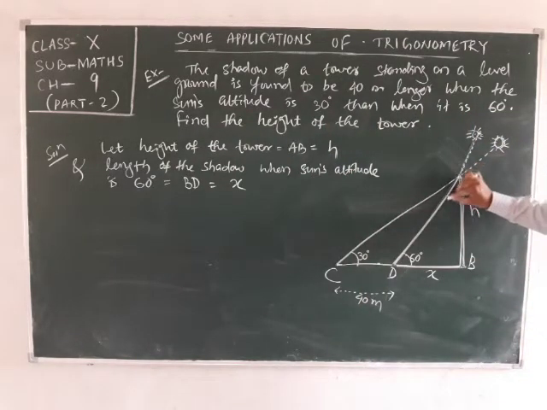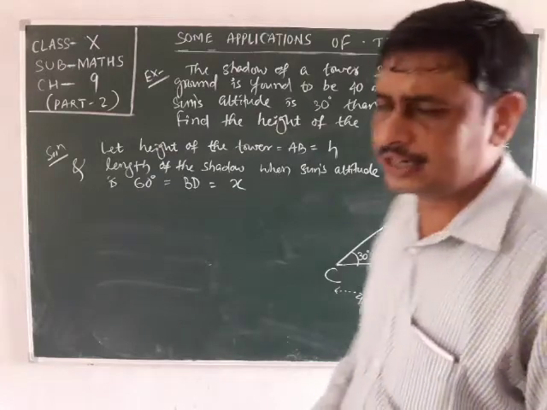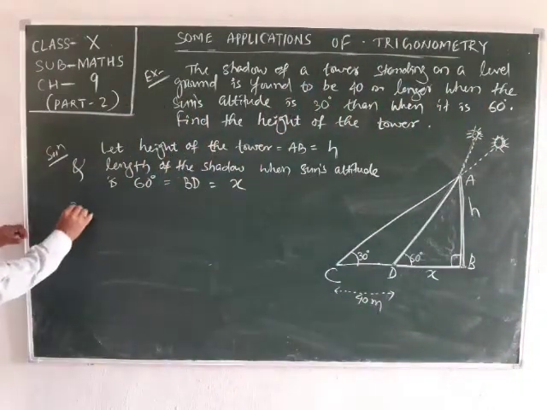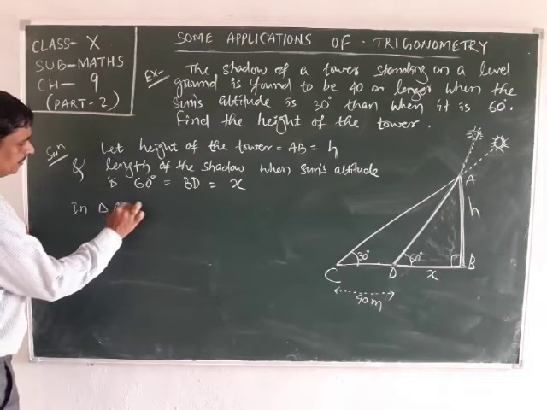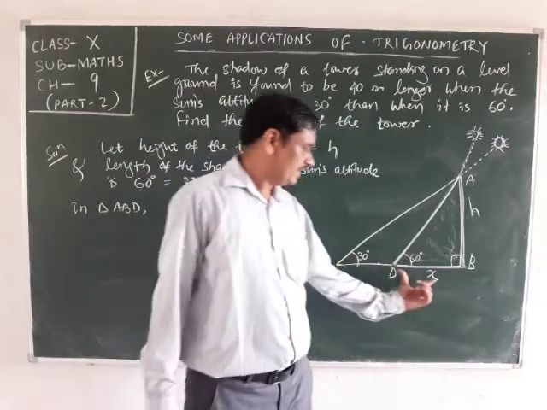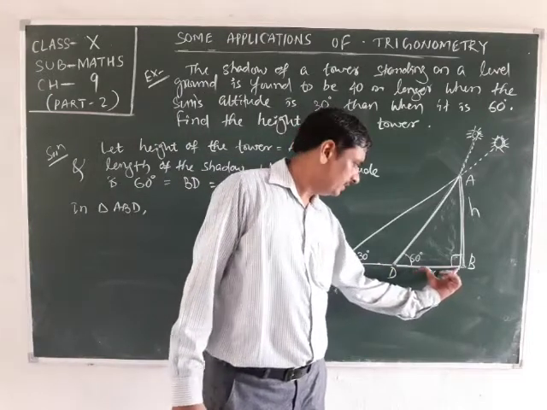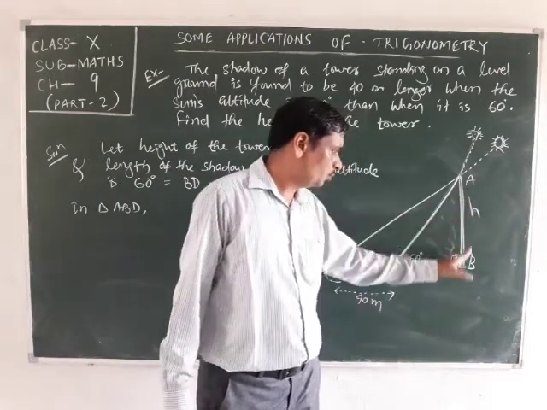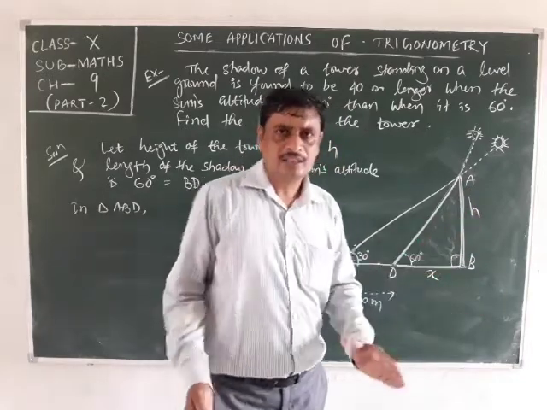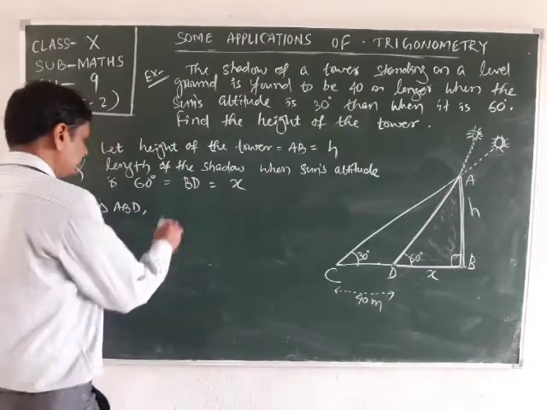If we take this triangle ABD, this angle B must equal 90 degrees because the tower always stands vertically on the ground. So in triangle ABD, BD is taken as X. We can get the relation of H and X according to trigonometry.